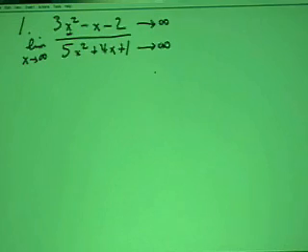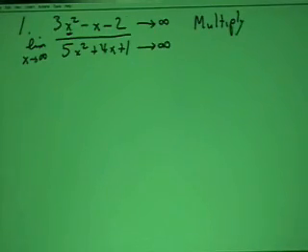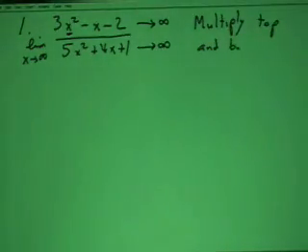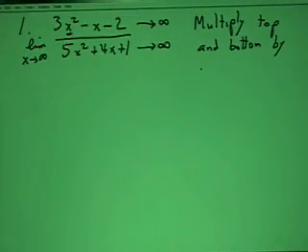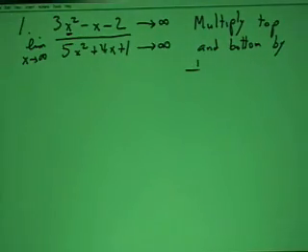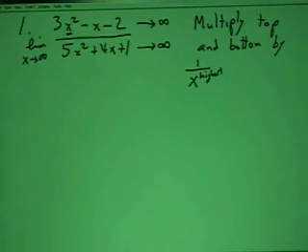So we need a trick, and this first trick is multiply top and bottom by the same thing, and the same thing in this case is 1 over x to the highest power that you see. So in this case, the highest power that you see is 2.